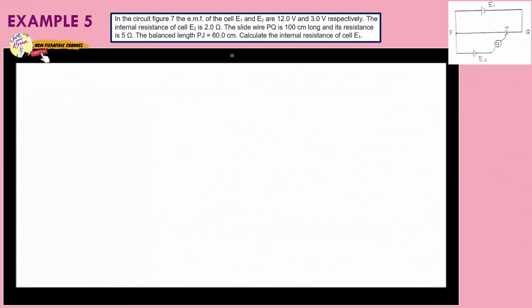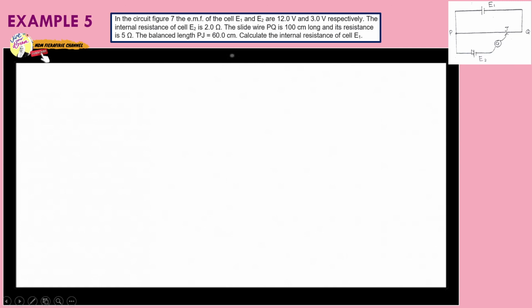Example number 5. I think this example is very similar to example number 3 and example number 4. This is also a potentiometer, but this time E2 comes with internal resistance. Given that the internal resistance of E2 is 2 ohm, don't be confused.